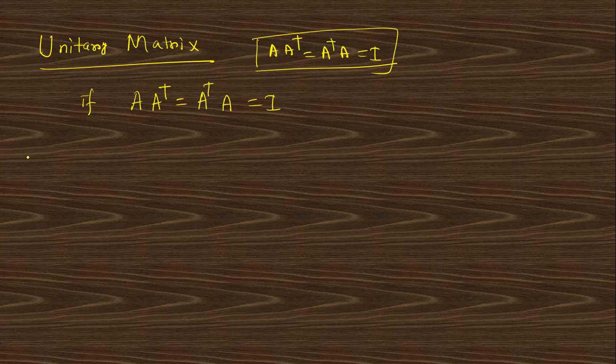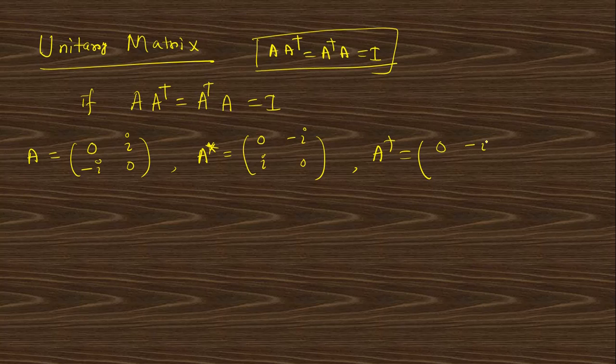For example, A is 0, i, minus i, 0. What will be the value of A star? A star is the complex conjugate: 0, minus i, i, 0. And A dagger is just the transpose, so you get 0, i, minus i, 0.